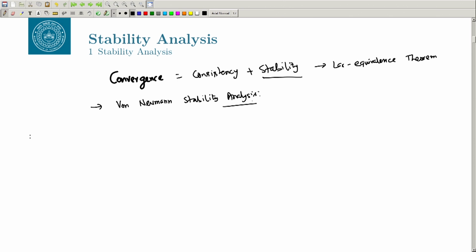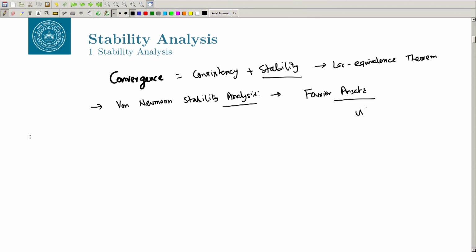All the stability analyses in the literature, not only von Neumann but also matrix analysis and some other approaches, are based on representing your variable in a Fourier series. That means we will represent it in a frequency and wave number mode.